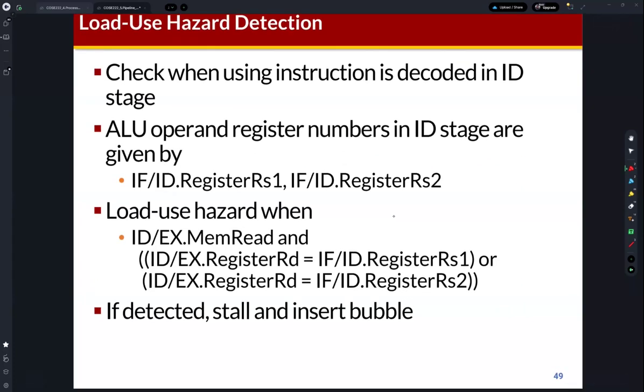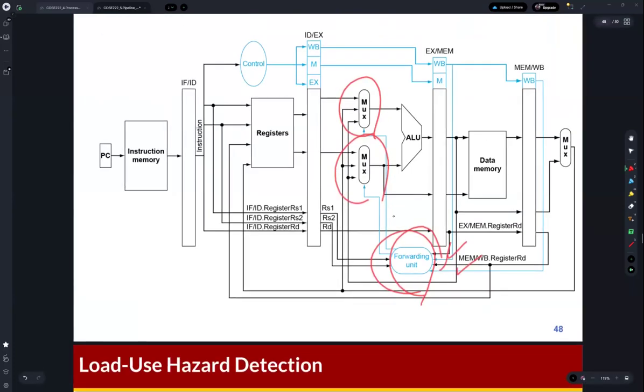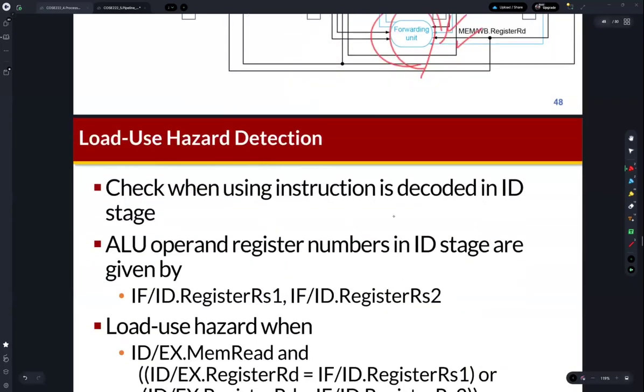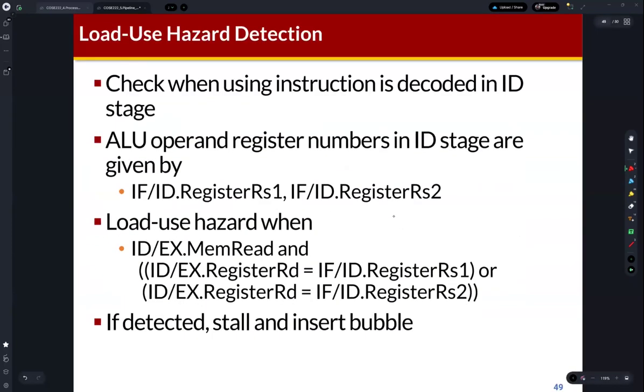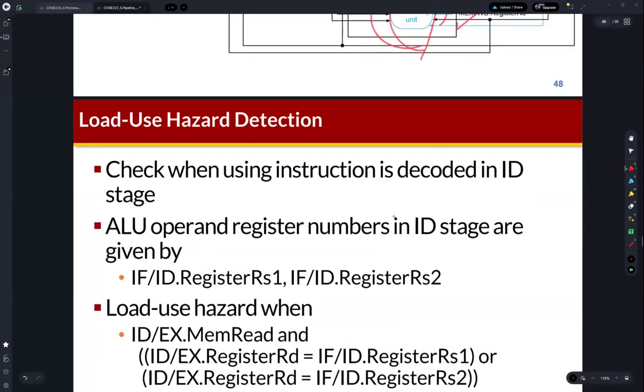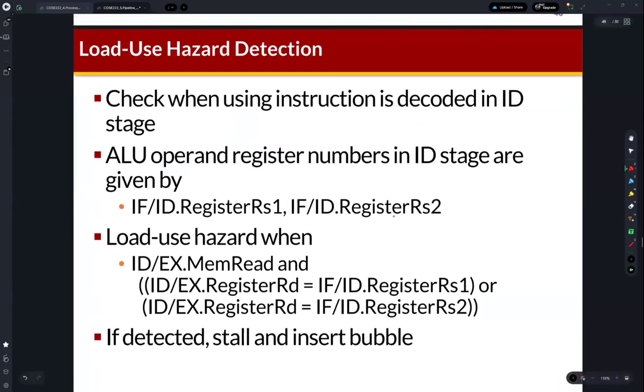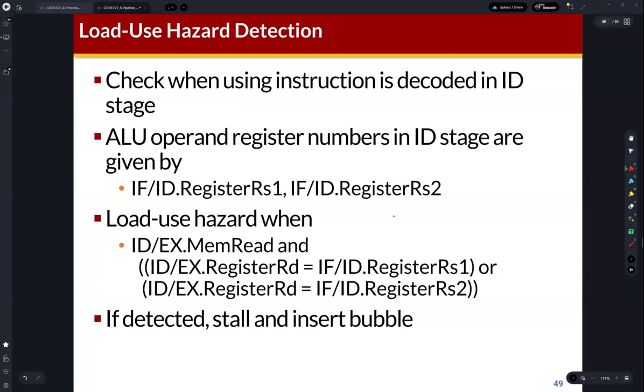Okay, this is the data forwarding unit, and we have just 5 minutes, so I will briefly explain the pipeline stall by hazard. For the data hazard case, we learned that we can handle data hazard using data forwarding.